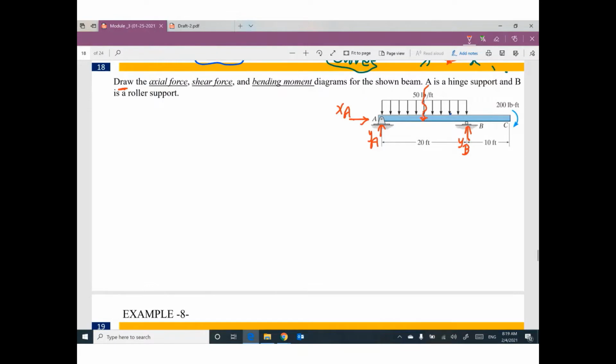Anybody can tell me how much this equivalent load is? I need to get an answer. Please go ahead and tell me what is the value of this equivalent load? How much? Any answer?